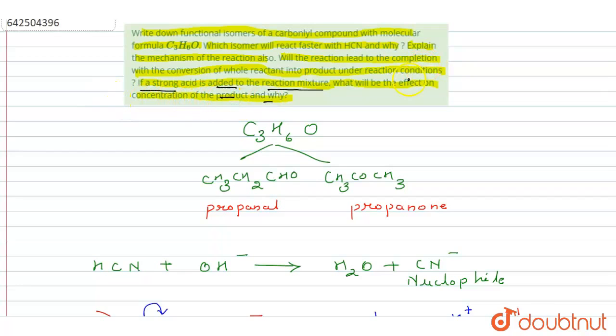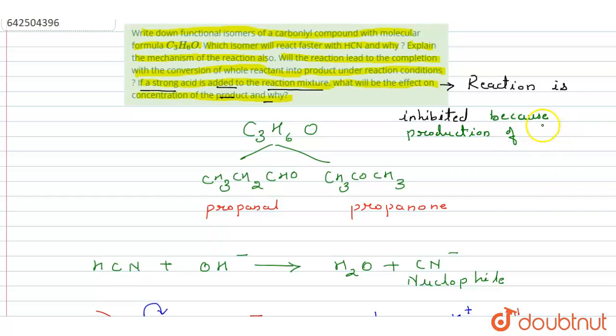In this case, if a strong acid is added to the reaction mixture, the reaction is inhibited, because the production of CN negative ions is prevented. So this is the answer for this question.